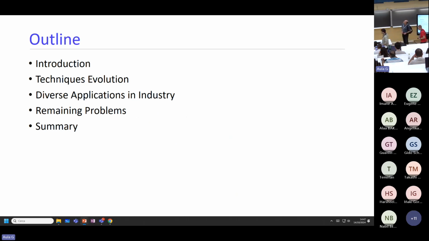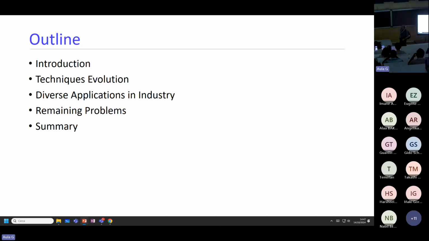Let me walk you through the outline of our session. We will begin with the introduction, where we will provide a brief overview of the topic and set the stage for our discussion. Next, we will dive into techniques evolution, exploring how methods have advanced over time in the field of recommendation models.